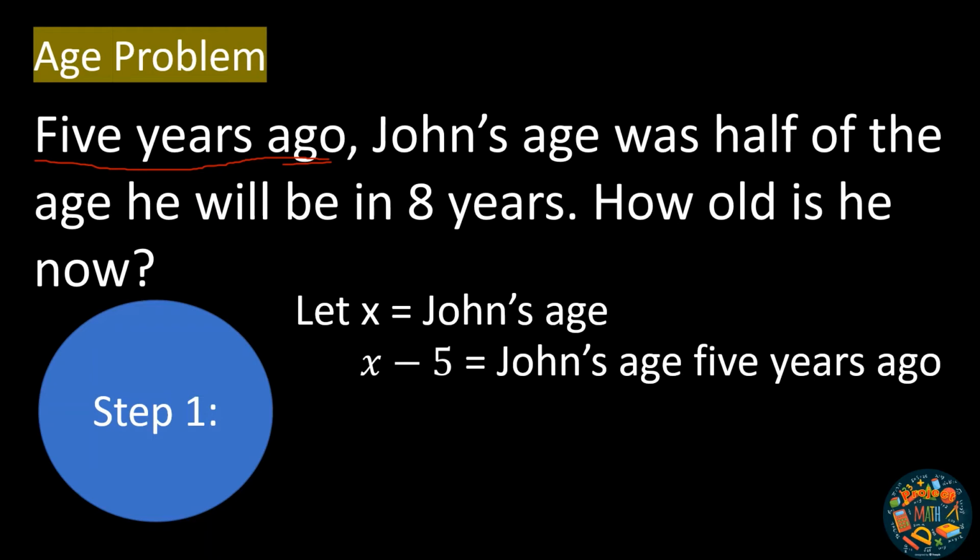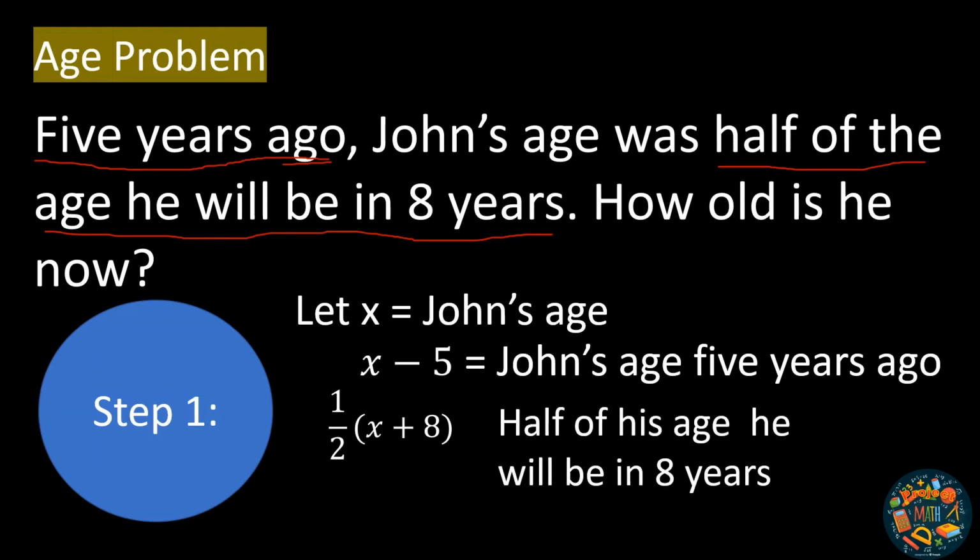Then, half of the age he will be in 8 years. If we have future tense, then it indicates addition. So therefore, we have 1/2 multiplied by x plus 8. And this is half of his age he will be in 8 years.